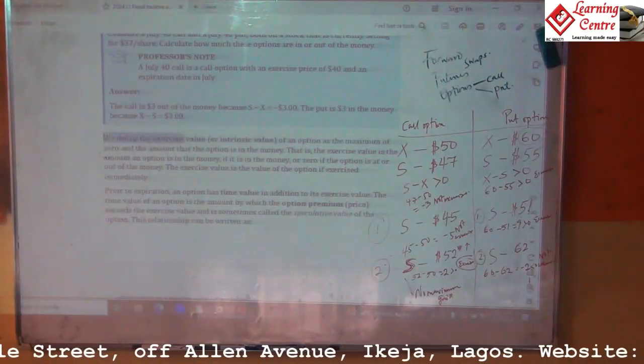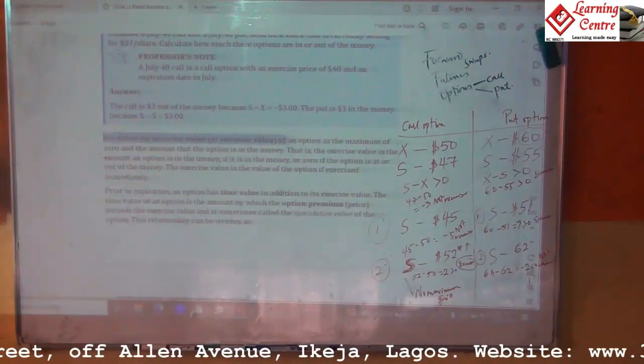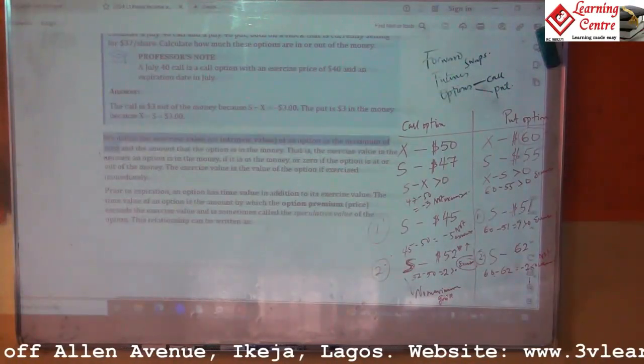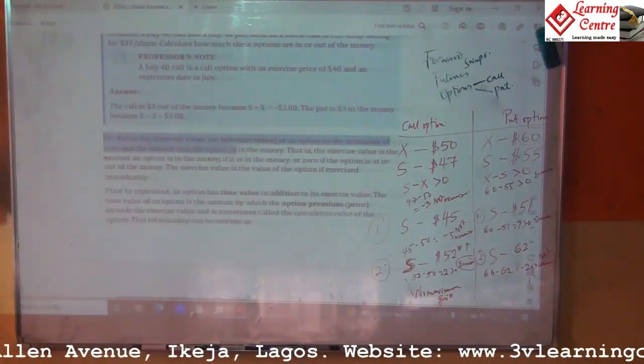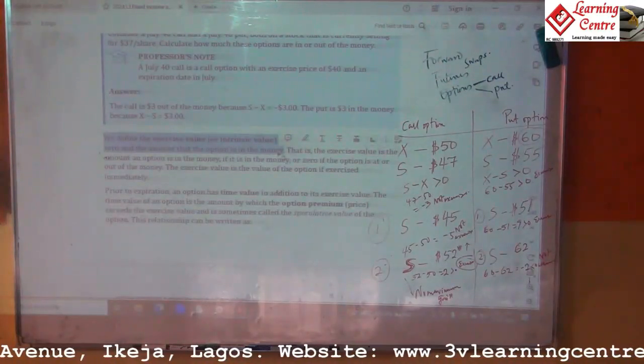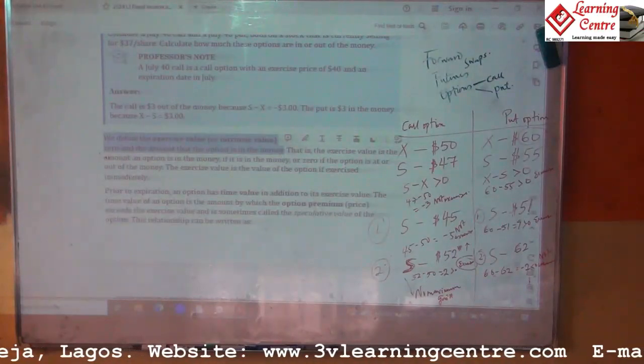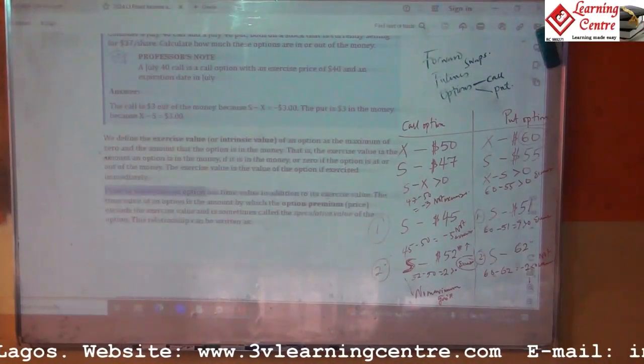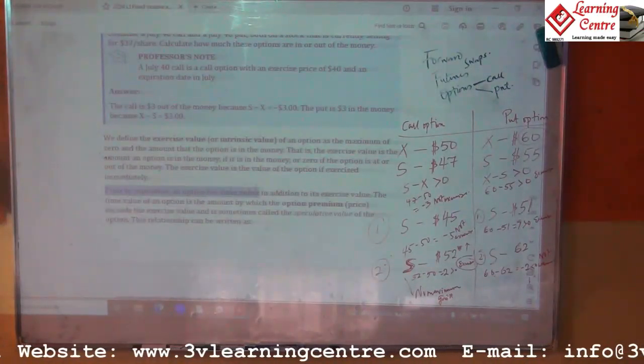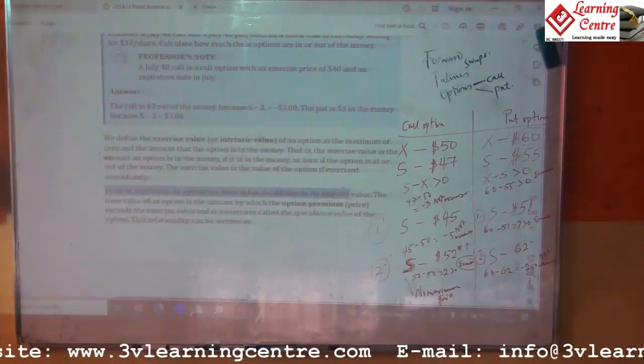So we define the exercise value of an option as a maximum of 0 and the amount that the option is in the money. So all this story is still trying to say what we are talking about. Prior to expiration, an option has time value in addition to its exercise value.